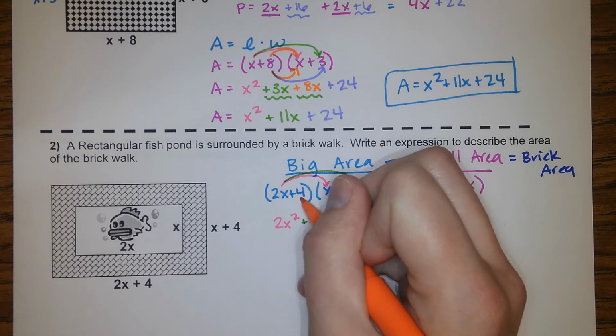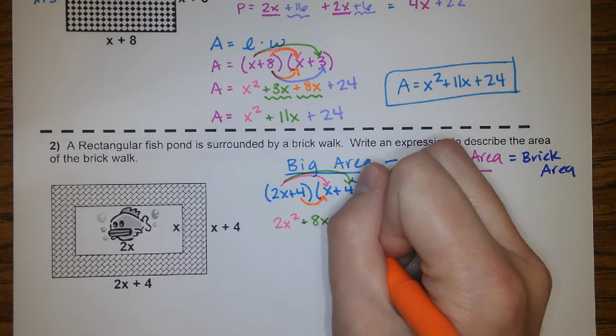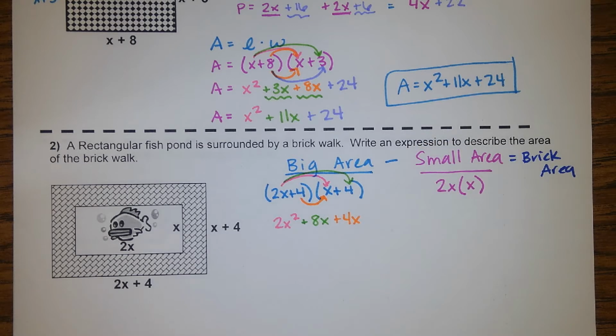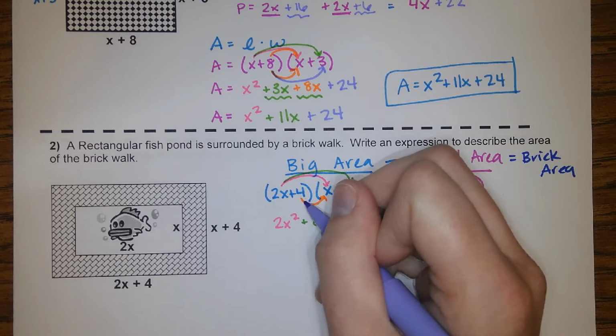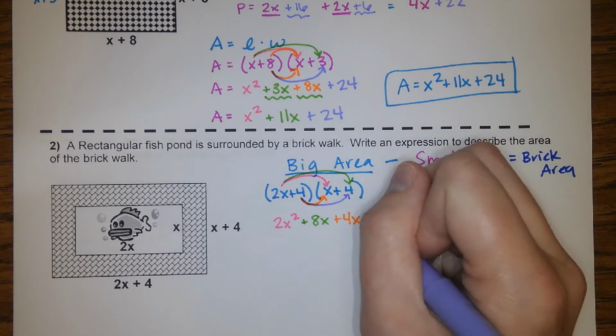And then we do positive 4 times x, which will give you plus 4x. And then we would do the final, which would be 4 times 4, which will give you plus 16.